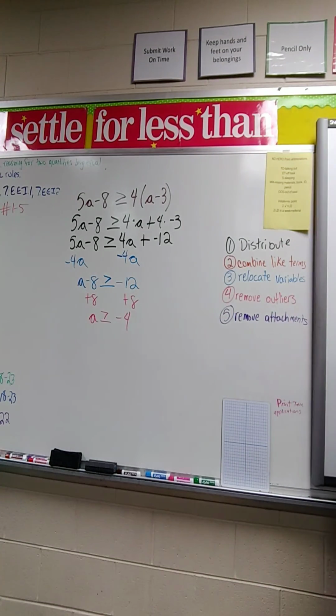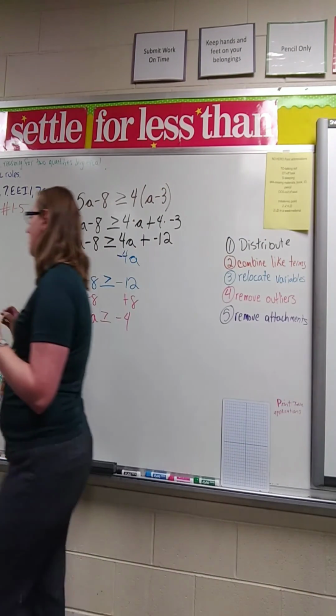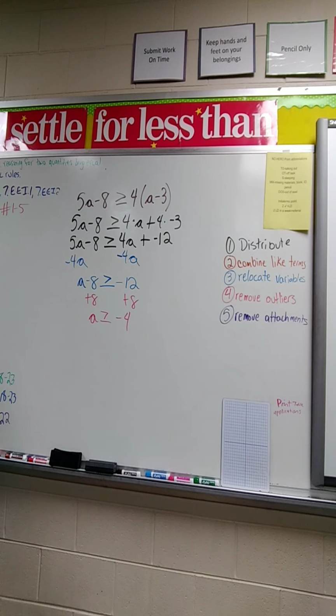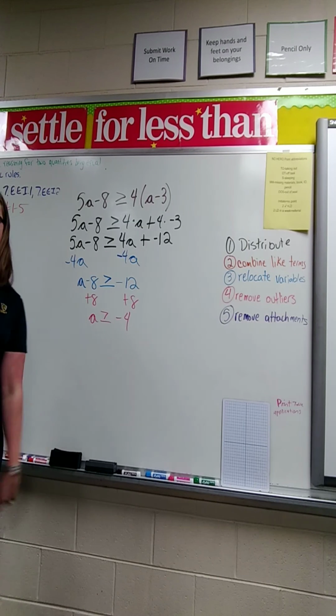So, without actually doing it, where would my point go for this problem? Negative 4. Would my point be open or would it be filled in? Filled in. Would my arrow go in the positive or in the negative direction? Positive direction. Why is it positive? Because a is bigger. Because the variable is greater.